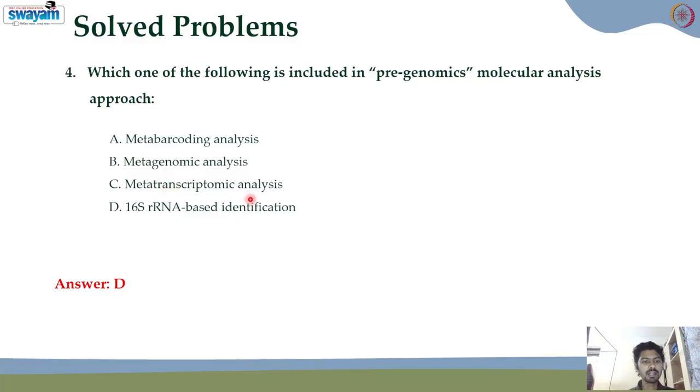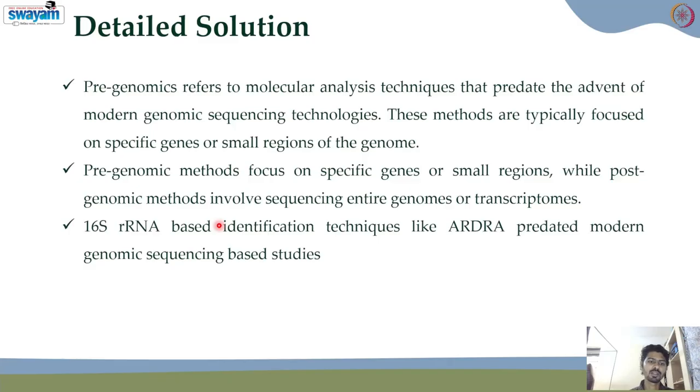Option C, metatranscriptomic analysis, sequences the RNA transcripts from the sample, so this is obviously also post-genomic. So the first three options belong to the post-genomic molecular analysis approach, whereas 16S rRNA only fits the pre-genomic approach.